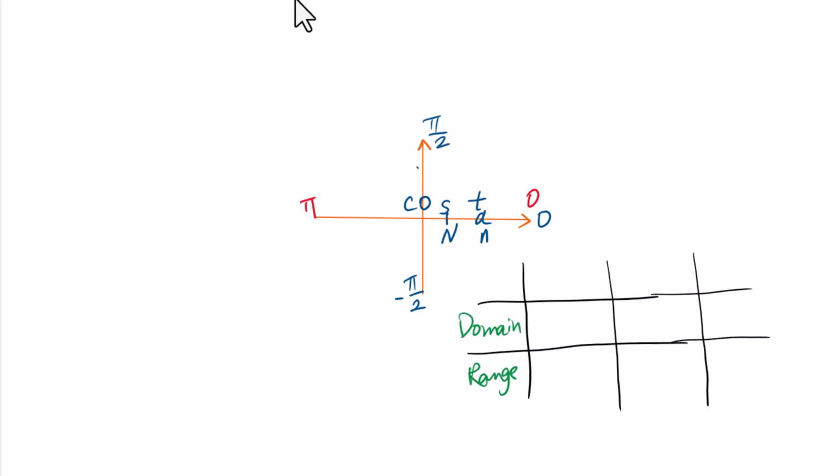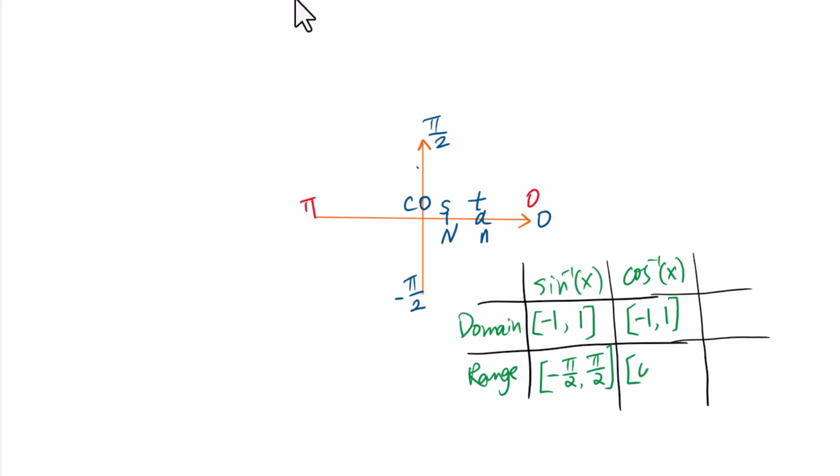From this diagram, we can say for inverse sine x, the domain is between negative 1 and 1. Range is the inclusive interval between negative pi over 2 and pi over 2. Inverse cosine function: domain is between negative 1 and 1.